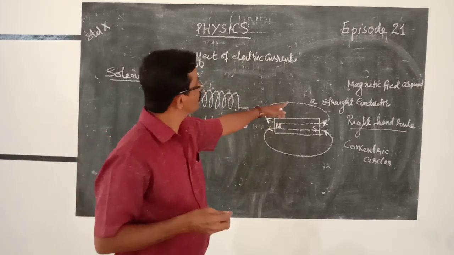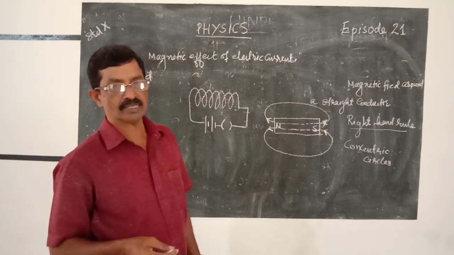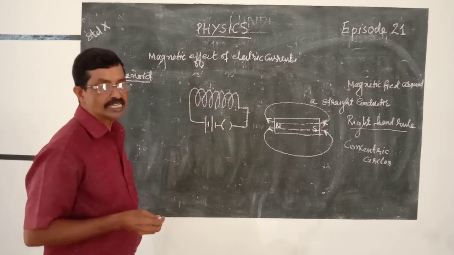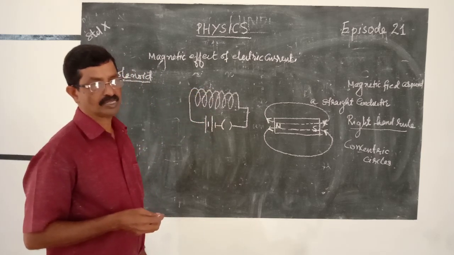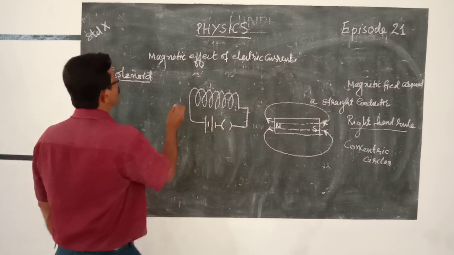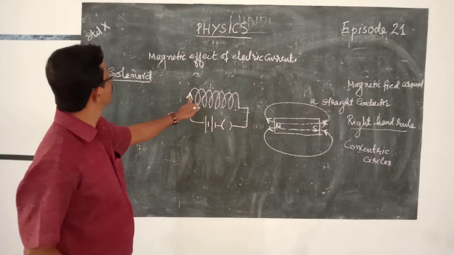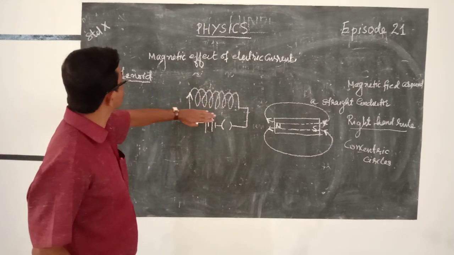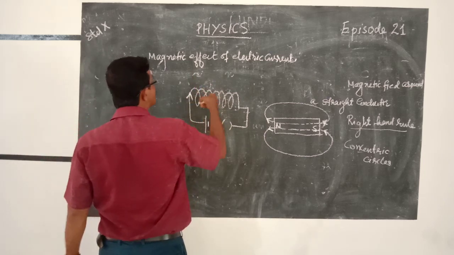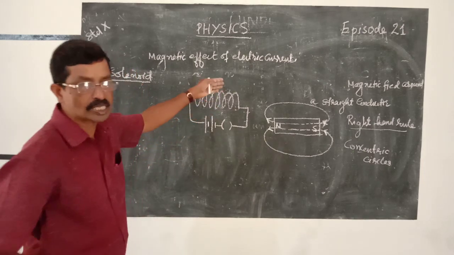These magnetic field lines, when we observe, here also we get it in the same manner. Here the magnetic field lines, suppose the current here is clockwise, that is the current flowing in this manner clockwise, and here it is anti-clockwise.